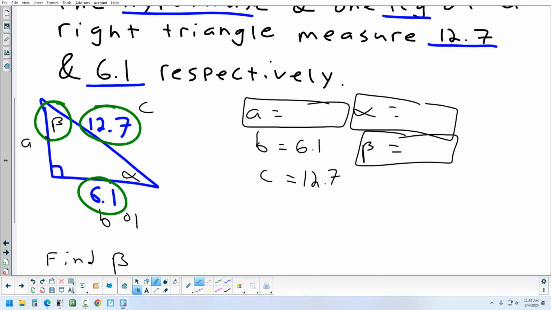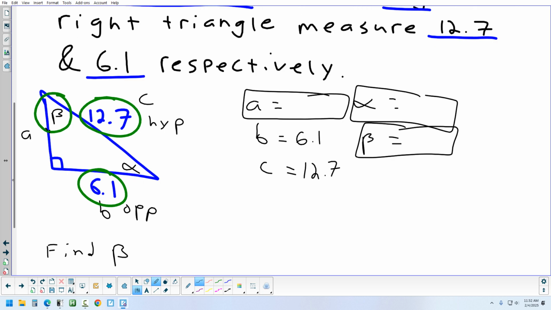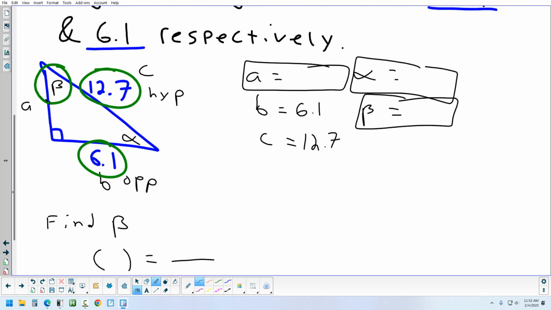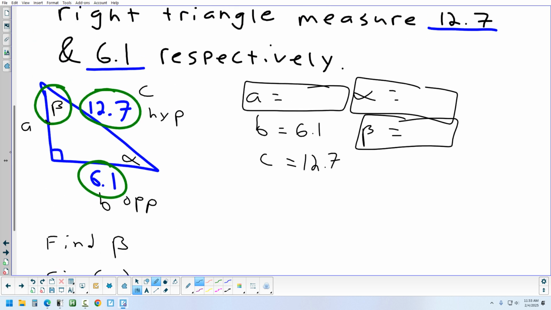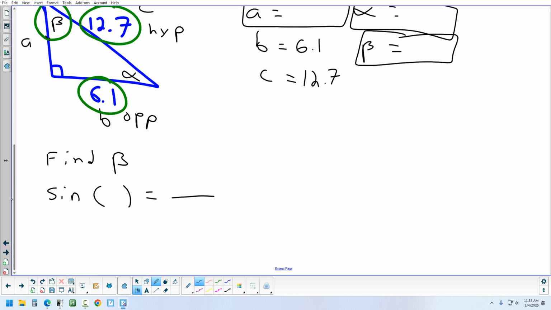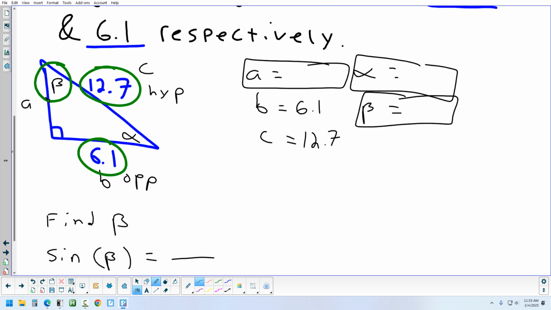And what is the 12.7? Hypotenuse. Which trig function has opposite and hypotenuse in it? Sine. So fill in your angle. What's our angle this time? Beta. Beta equals opposite over hypotenuse.